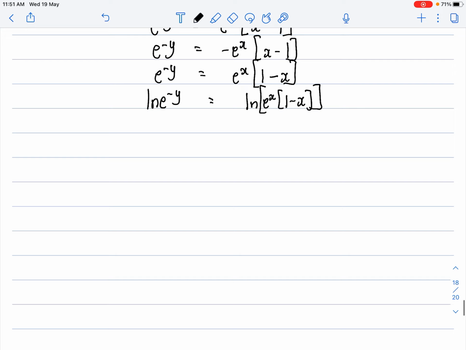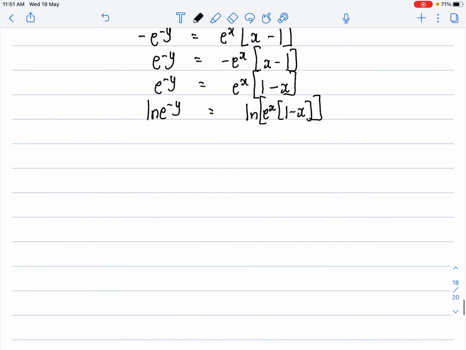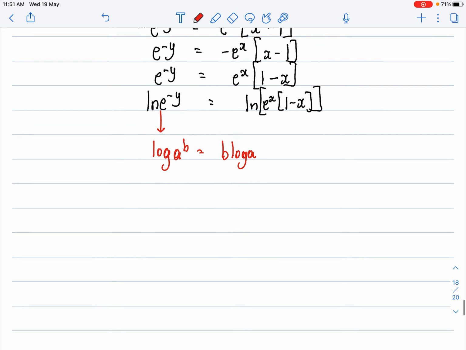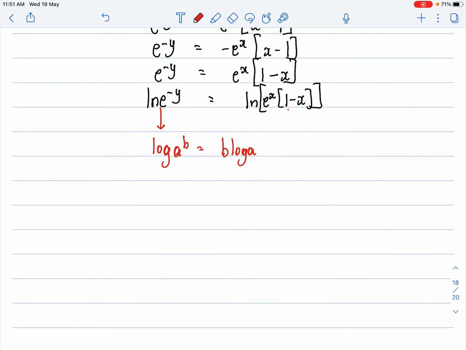Correct? So now I can use two properties. The first log property I can use is that log a raised to b can be written as b log a. The other property I can use is that log of a into b can be written as log a plus log b.